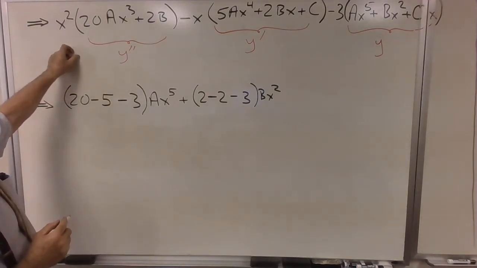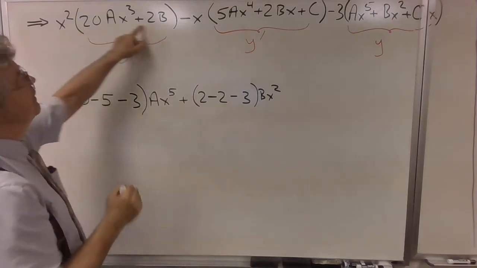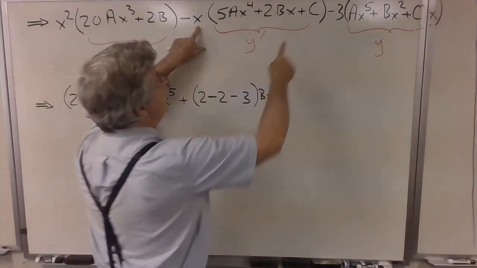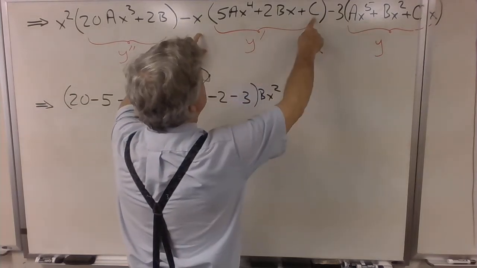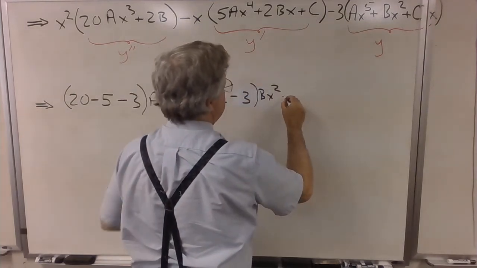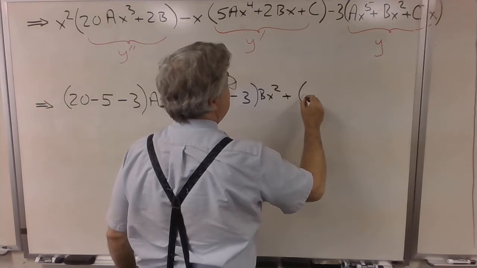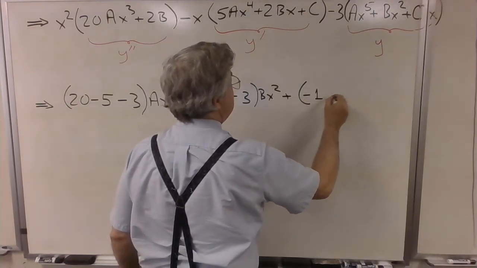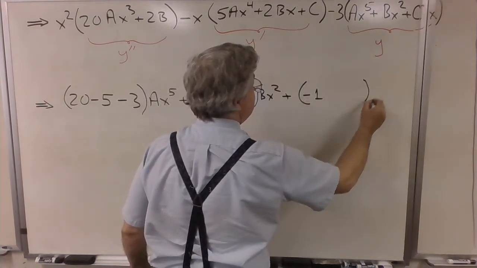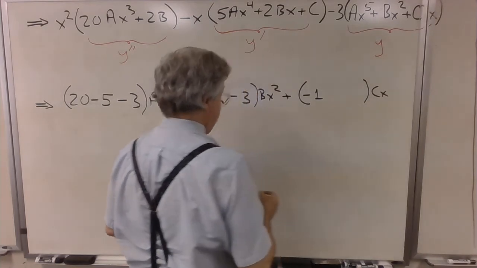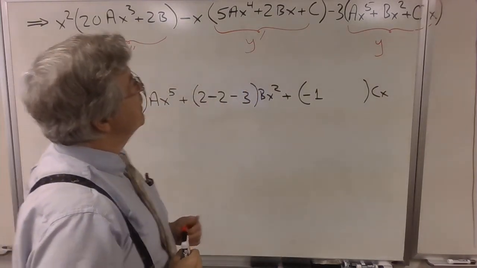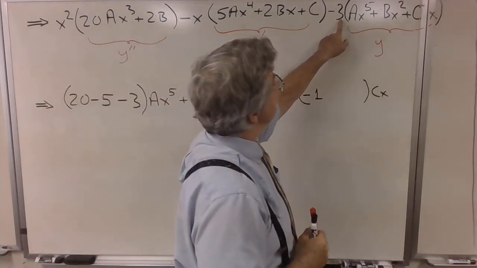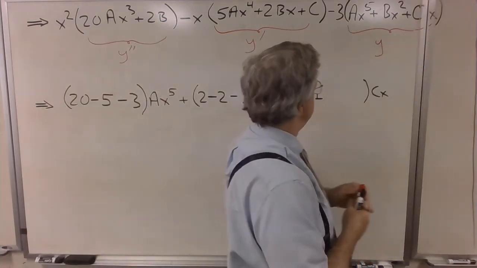And I have no x terms here. I do have an x term here, though. I have minus cx. So I'll put minus 1 and cx here. And I have minus 3cx here.